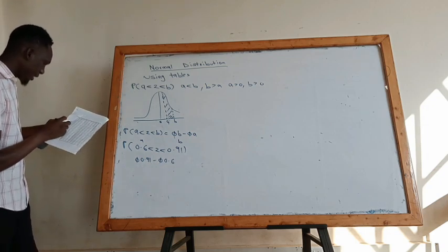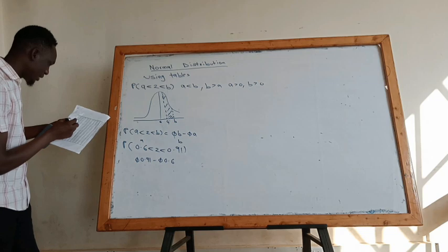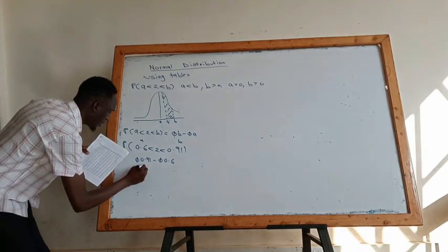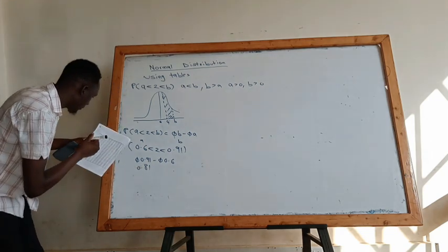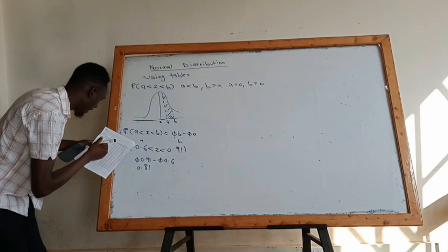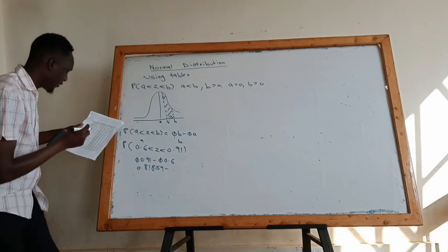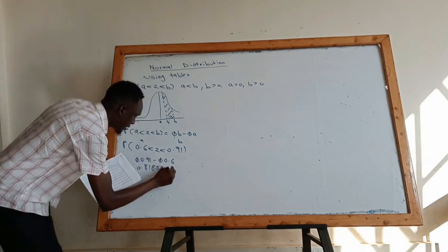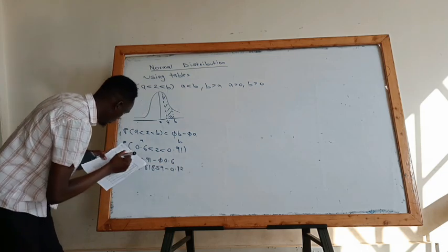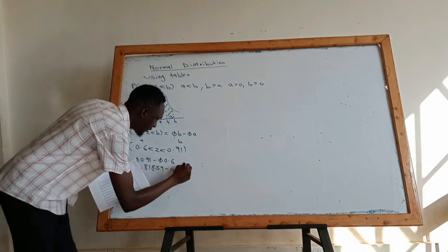Phi 0.91 from our table is 0.81859, minus phi of 0.6, which is 0.72575.